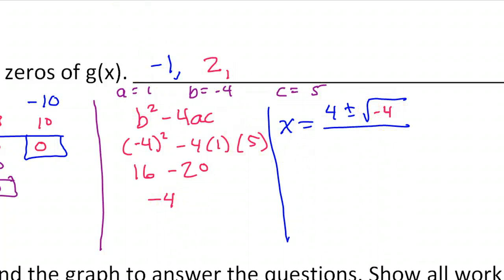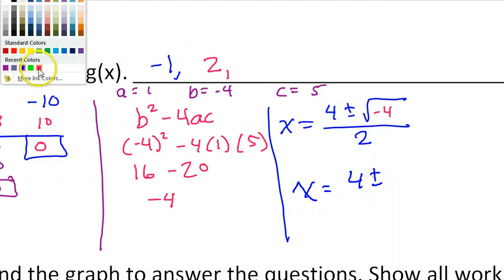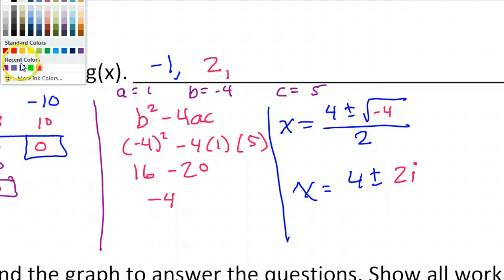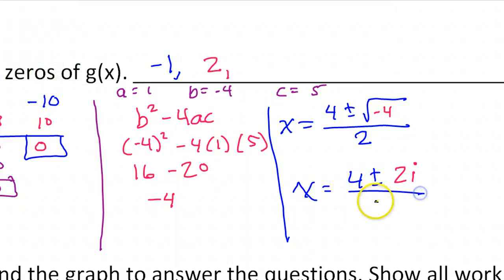Over 2a. A is 1, so 2a will just be 2. So all we need to do is simplify this down. We have 4 plus or minus the square root of -4, which is 2i. Everyone knows the square root of 4 is 2, but did you know that if you have a negative under the radical, that gives you i, thus 2i. And then that's all divided by 2.